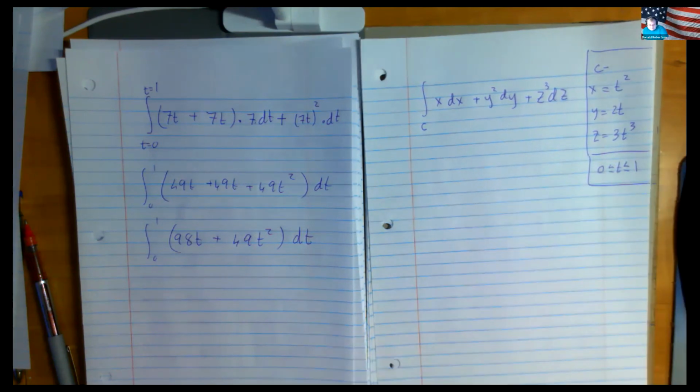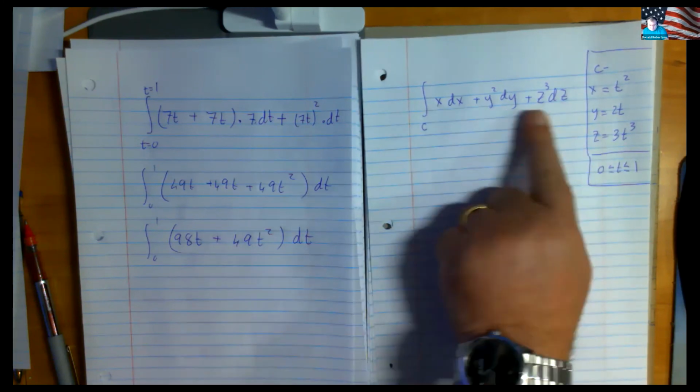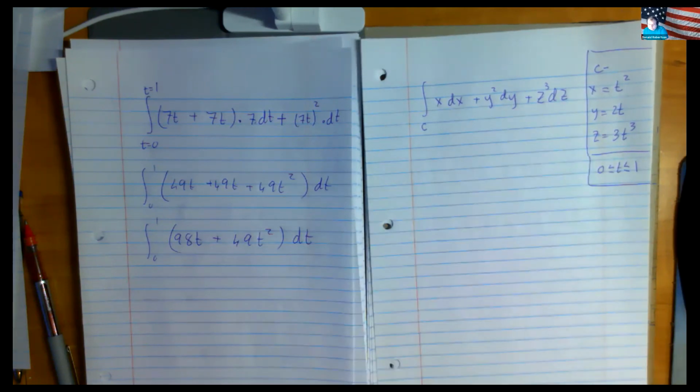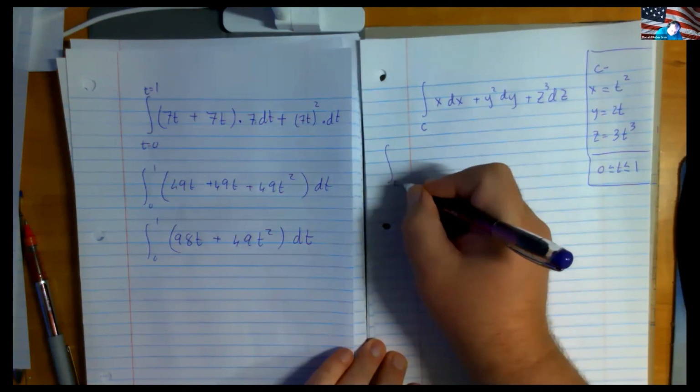Right? So this is a 3D guy. You can see it's made up of a dx, a dy, and a dz. Let's see if we can speed this process up. 0 to 1 because of that.